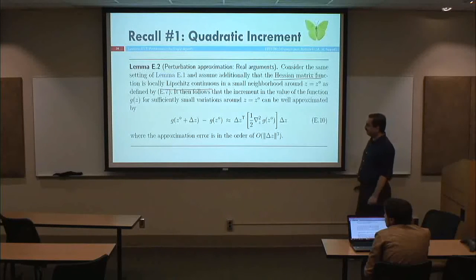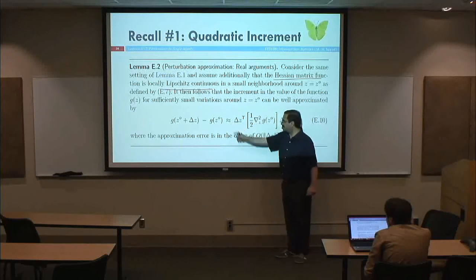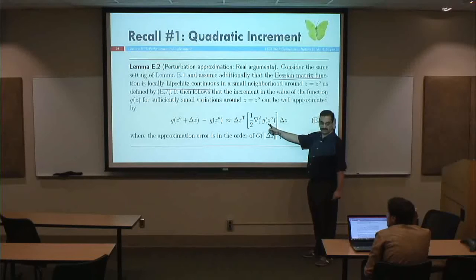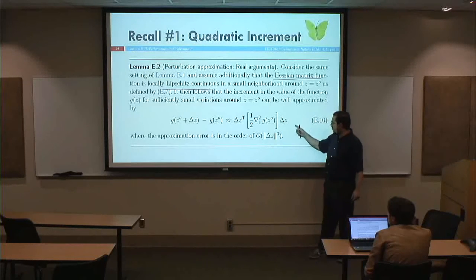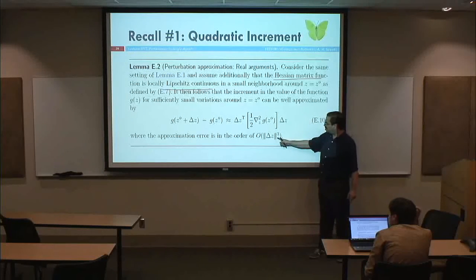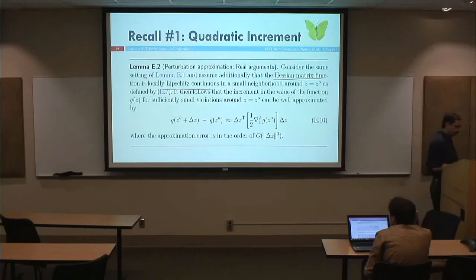This is a weighted norm of delta z, weighted by the Hessian. And the error depends on the cubic value of delta z. So this was an expression I had before.